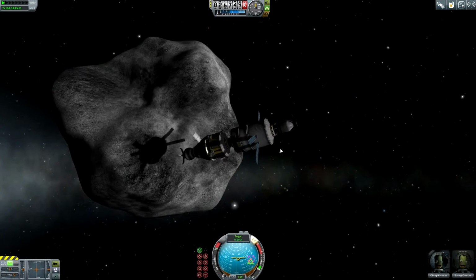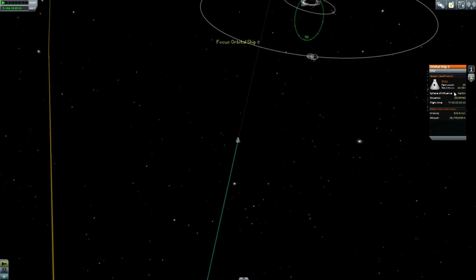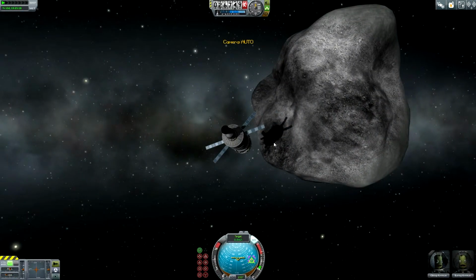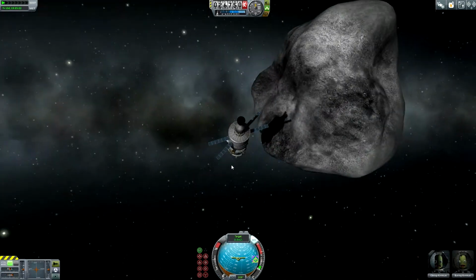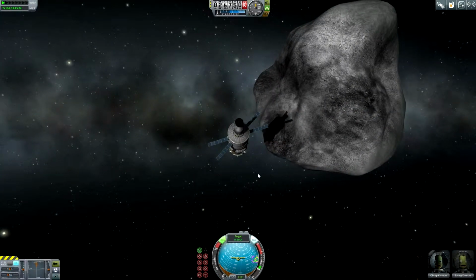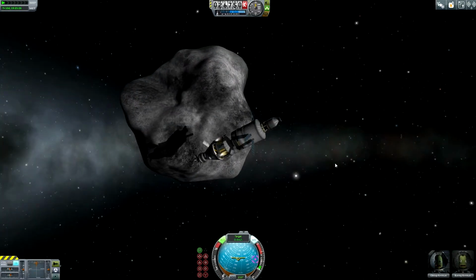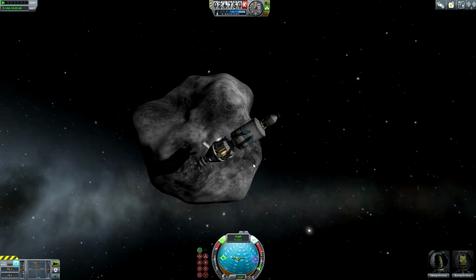So, okay. Oh, now I can see. Now my ship has a total mass of 18 tons. So this asteroid really has a mass of more than 300 tons. Wow. That's totally crazy.